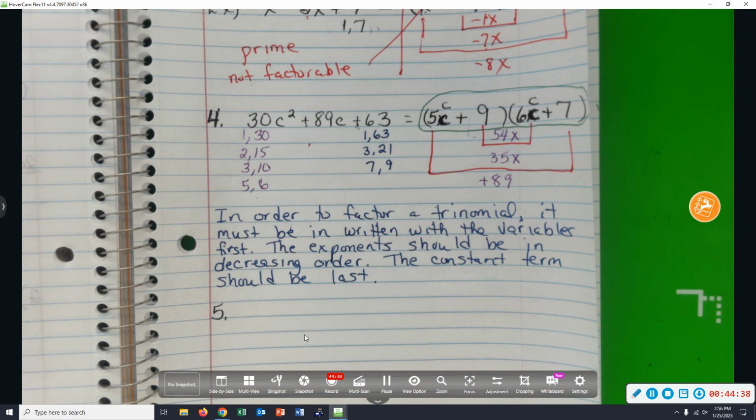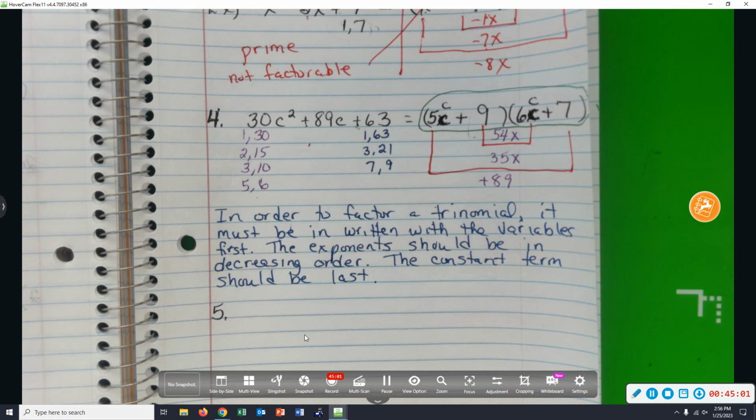The constant term is the last thing written, and the constant term is just the number without a variable attached. So x squared, x, constant. On problem number 5, I don't think that's written in descending order, just the way we need it. You'll have to rewrite it.